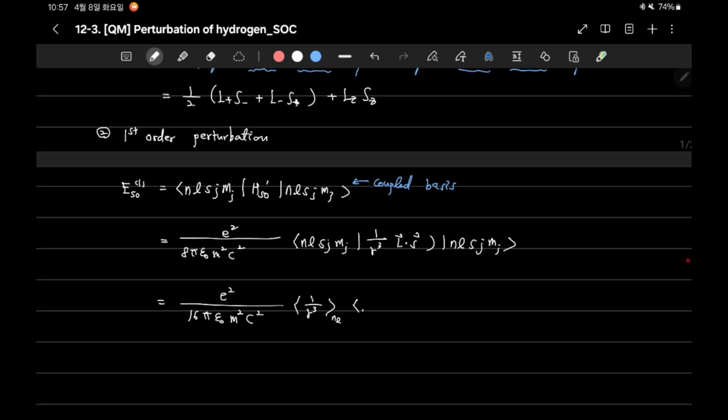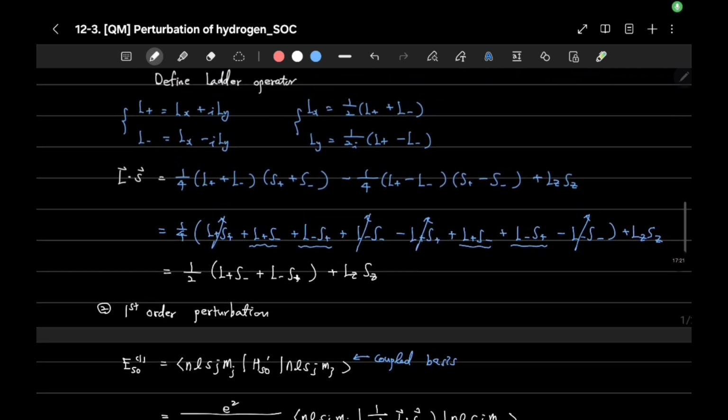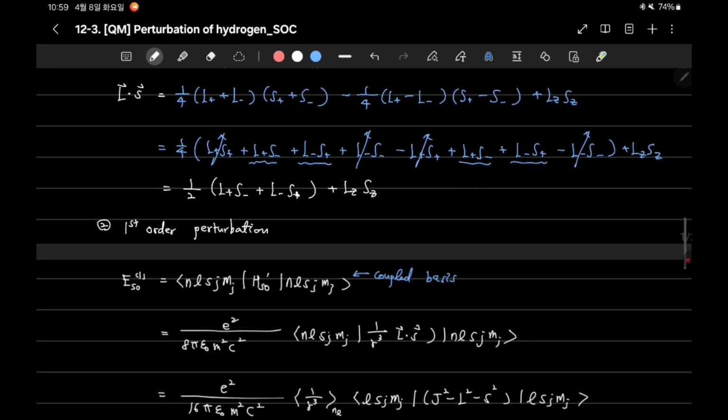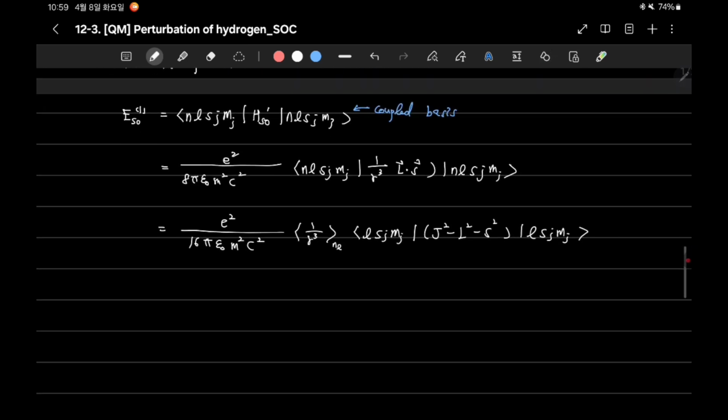So here l s j m_j only considers J squared minus L squared minus S squared, in the state |l s j m_j>. Here L dot S comes from like this.